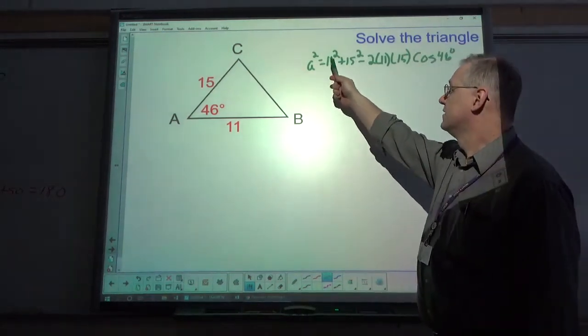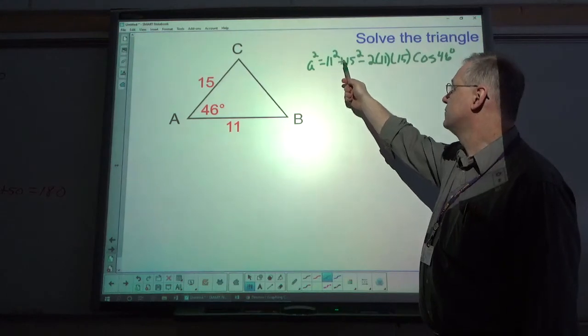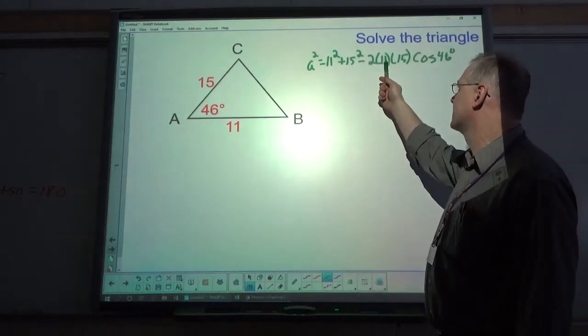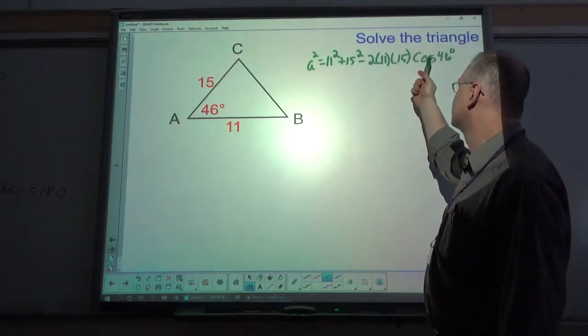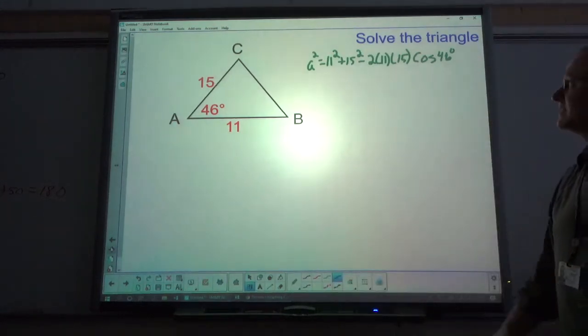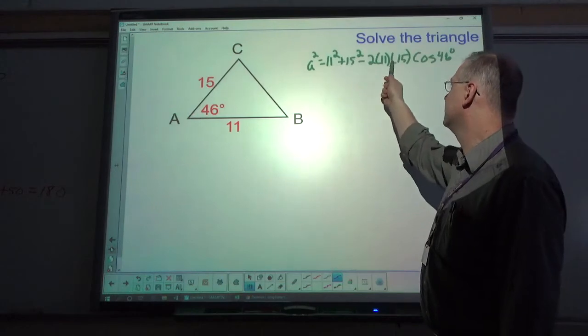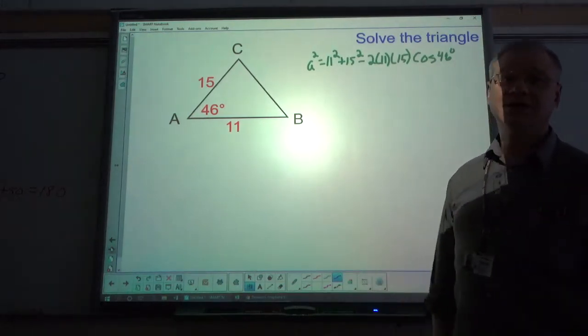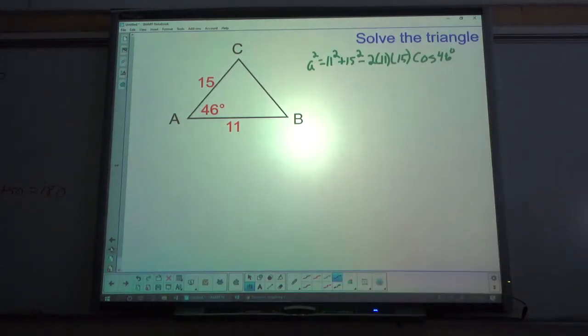A squared equals C squared plus B squared minus 2 times C times B times cosine of A, 46 degrees. Again, it doesn't matter which of these comes first, because of the commutative property.